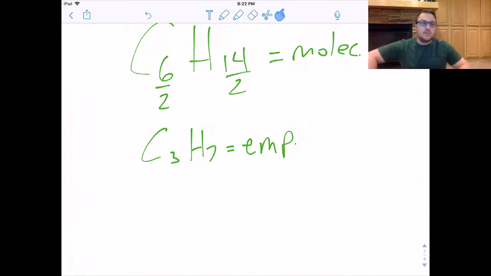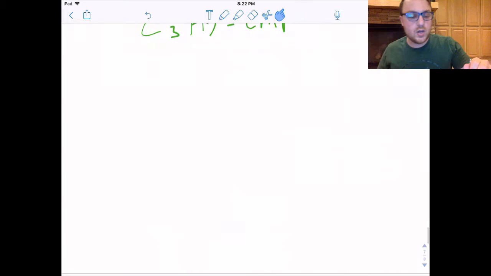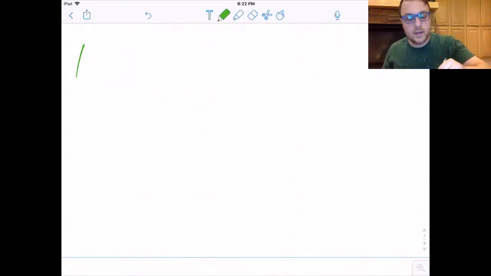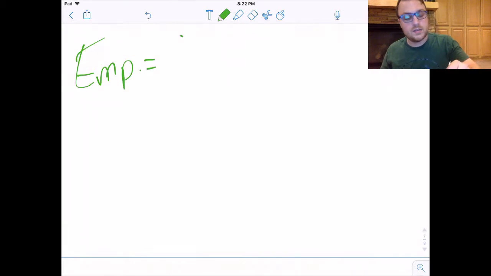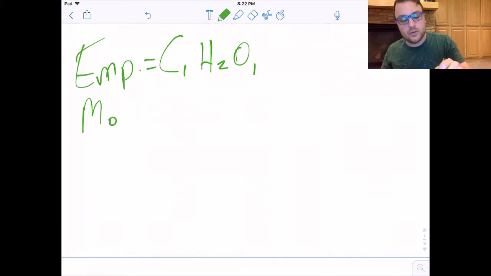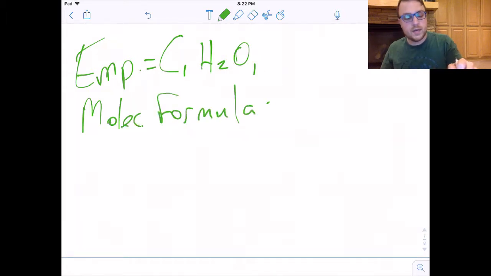You might also see problems where the empirical formula for a given compound is C1H2O1. If the molecular weighs, let's say, 90 grams, what is the molecular formula?